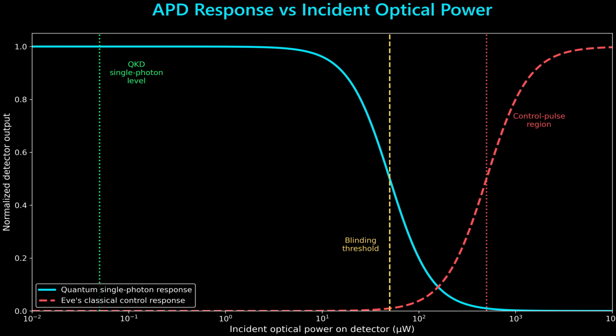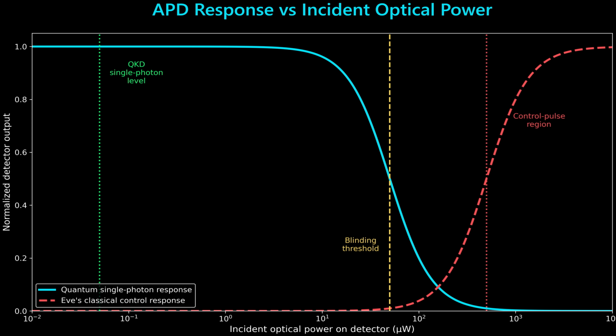BB84's security relies on the idea that Eve cannot observe or manipulate photons without creating errors. But in a blinding attack, Eve never touches the qubits at all. She simply forces the detector out of the quantum regime and into a classical one where she can dictate the outcomes. To Alice and Bob, everything looks clean.